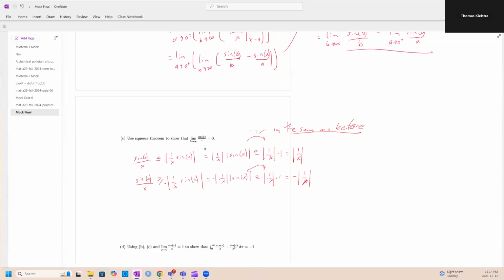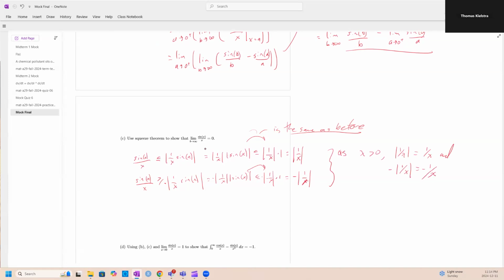We could leave it as absolute 1 over x, or you could say, as x is greater than 0, absolute 1 over x equals 1 over x, and minus absolute 1 over x equals minus 1 over x.